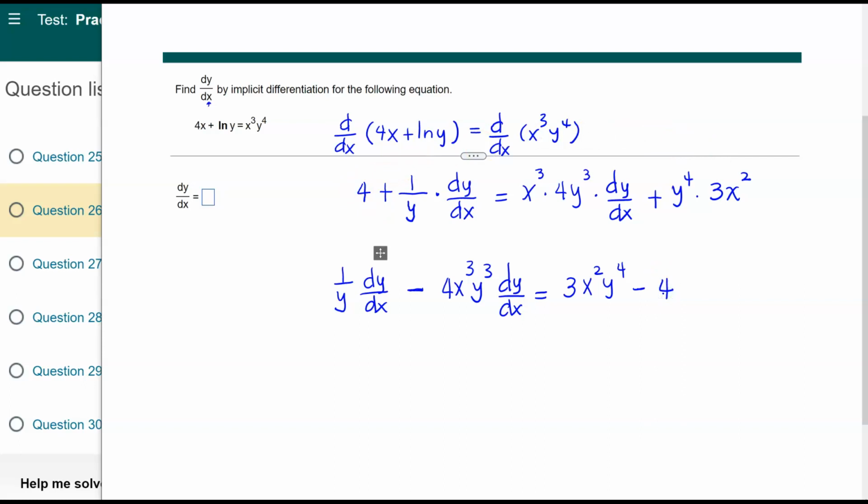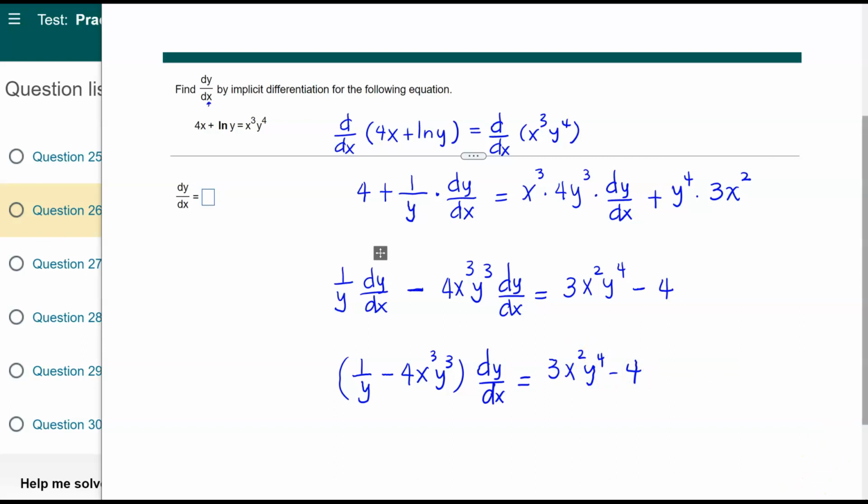So minus 4. Next step is to factor out dy/dx. So you have 1 over y minus 4x cubed y cubed times dy/dx is equal to 3x squared y to the fourth minus 4.